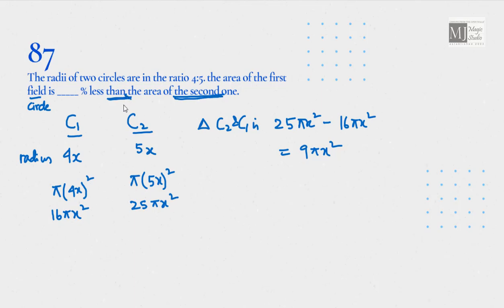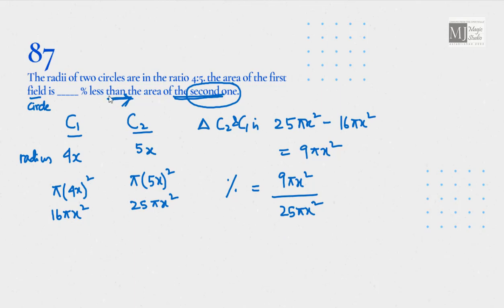Percentage would be difference divided by area of the second field, or second circle.